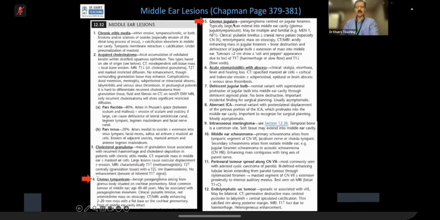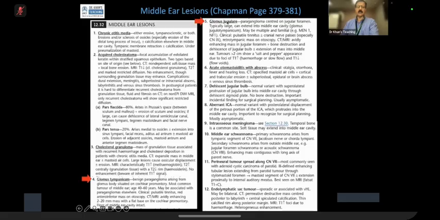But the glomus jugulare can erode into the middle ear cavity, then we call it glomus jugulotympanicum. So remember this word, glomus jugulotympanicum. It has gone from the jugular foramen into the middle ear cavity. And if it stays just around the jugular foramen, we call it glomus jugulare.